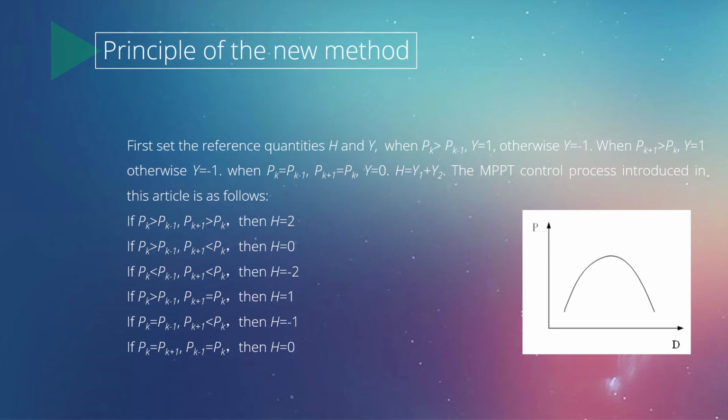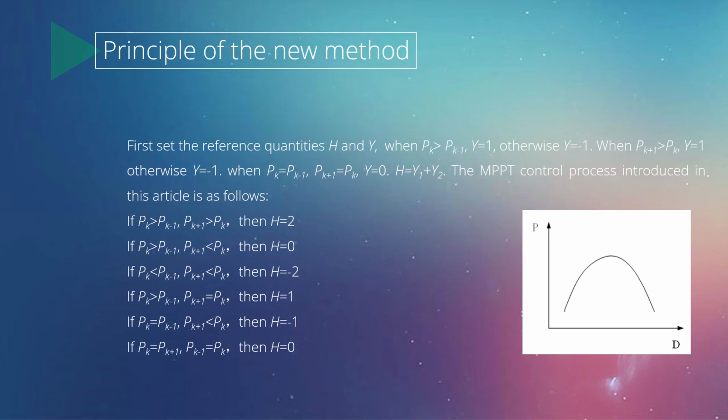If pk is smaller than pk minus 1, and pk plus 1 is smaller than pk, then h is equal to minus 2. If pk is bigger than pk minus 1, and pk plus 1 is equal to pk, then h is equal to 1.